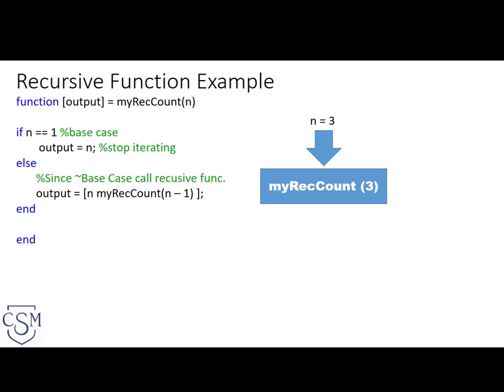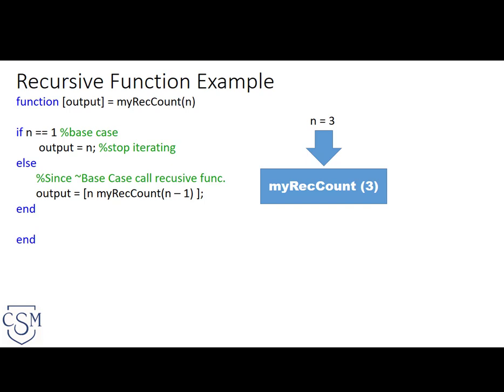Okay, so here's a sample recursive function, and n equals 1 is the base case, and we have some output, and what we are going to do is call my recursive count of 3. And let's put our MATLAB compiler hat on. If n is equal to 1?